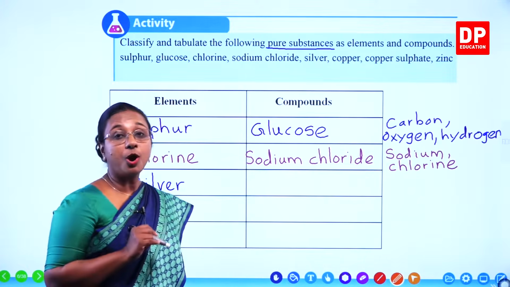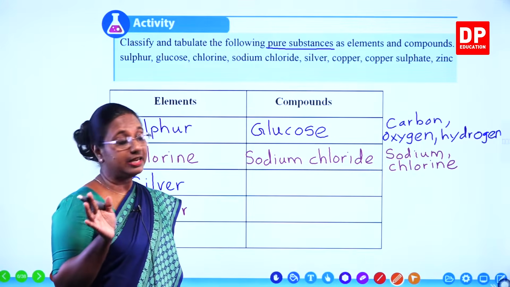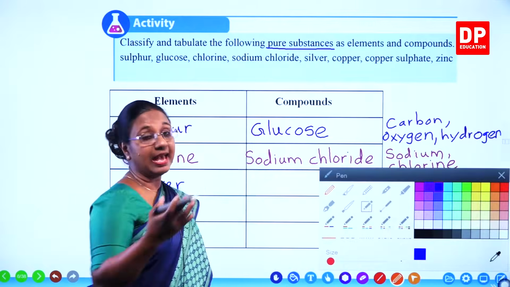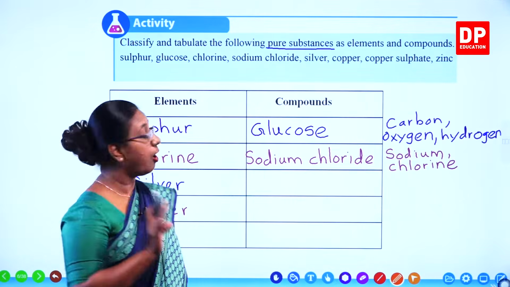Then we have copper sulfate. So again from the name you can identify it is a compound. Why? There is copper and sulfate, but sulfate is again made up of sulfur and oxygen.